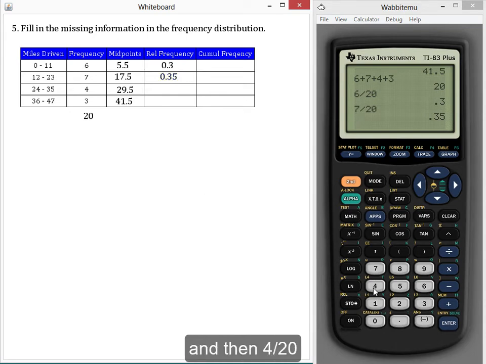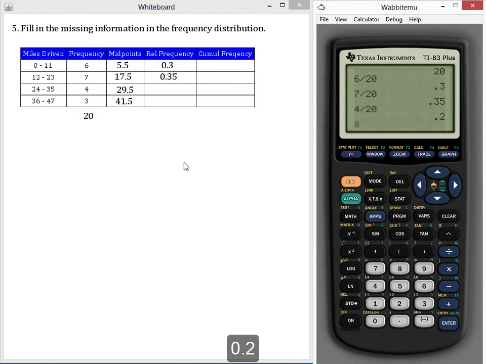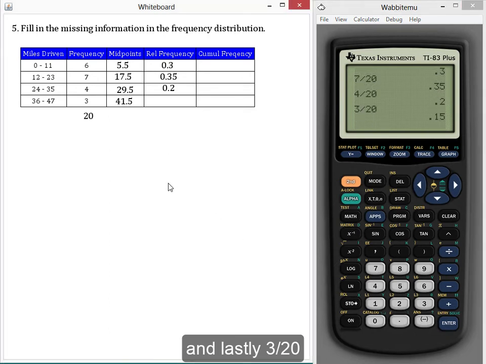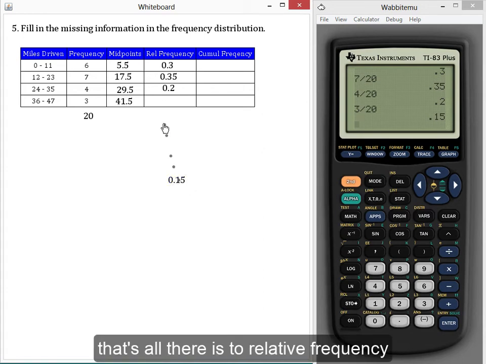And then 4 divided by 20. It's going to be 0.2. And lastly, 3 divided by 20. 0.15. And that's all there is to relative frequency.